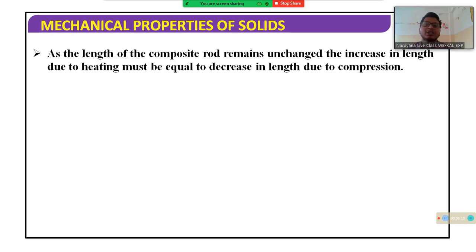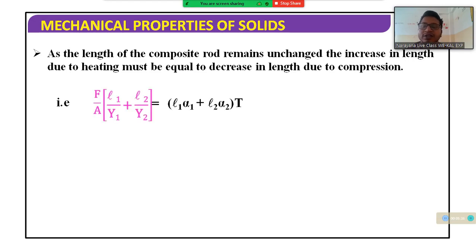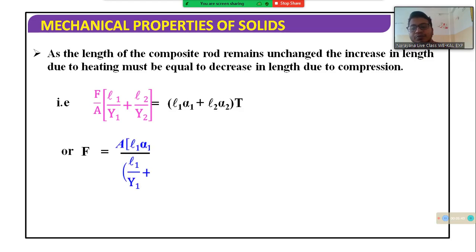I repeat, this is very important. That is, F by A into (L1 by Y1 plus L2 by Y2) equals (L1 alpha 1 plus L2 alpha 2) into T.